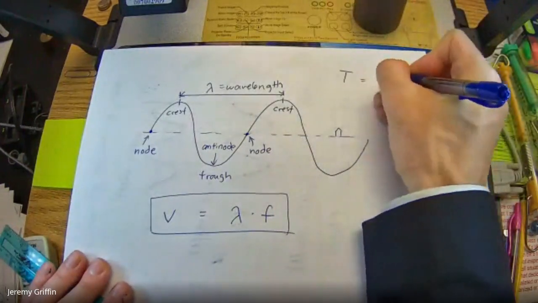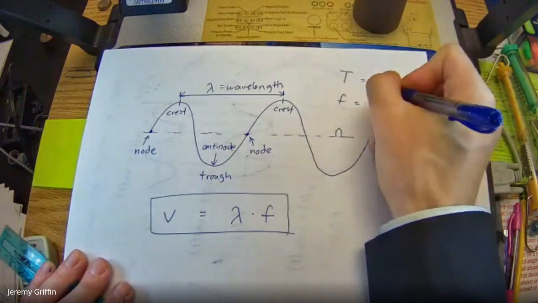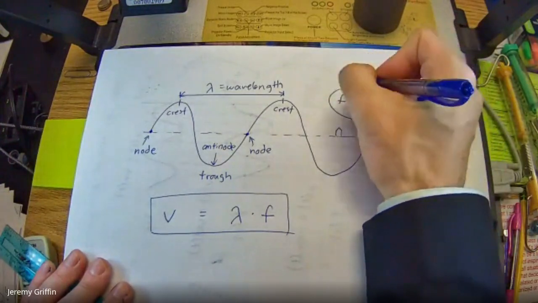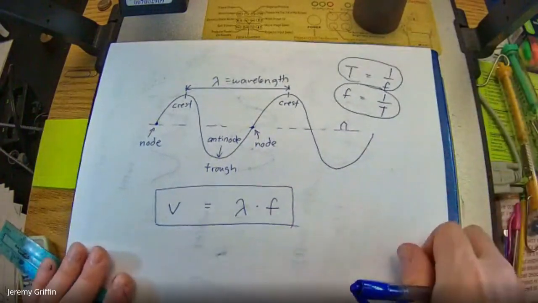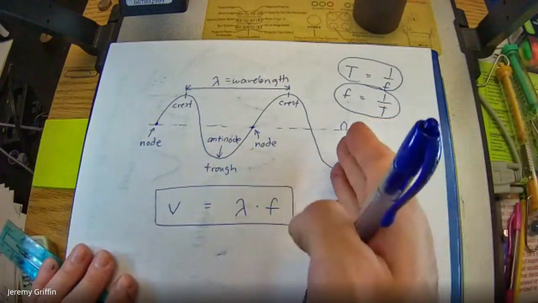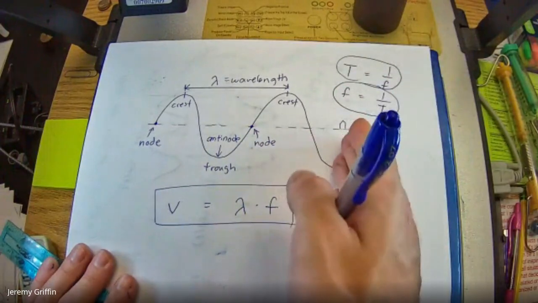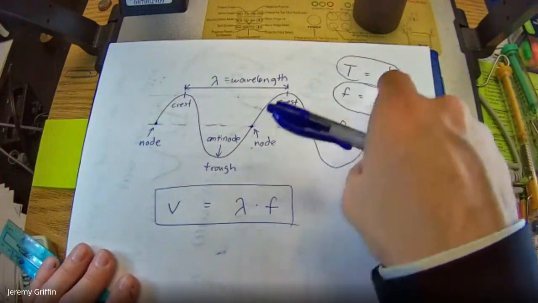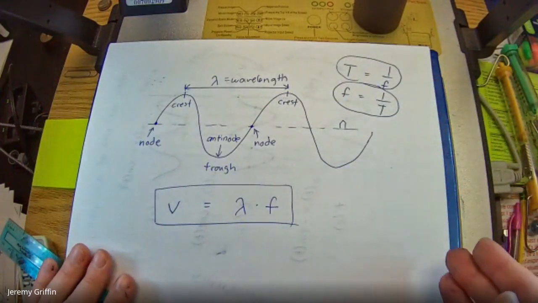And I told you guys earlier, remember how time period and frequency are reciprocals of each other? So you can go both ways with this. That's a valid formula, that's a valid formula. Either way you go with it, right? That's also in your AP equation sheet, right? Okay, so there's some time period associated with blip, blip, blip, past the checkpoint, right? And if you take the reciprocal of that, you'll get some frequency, like how frequently these crests are hitting, right?